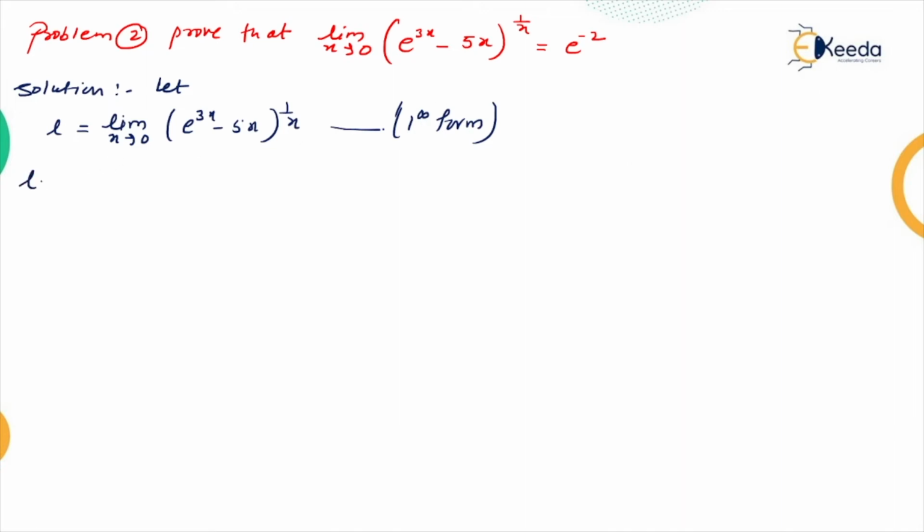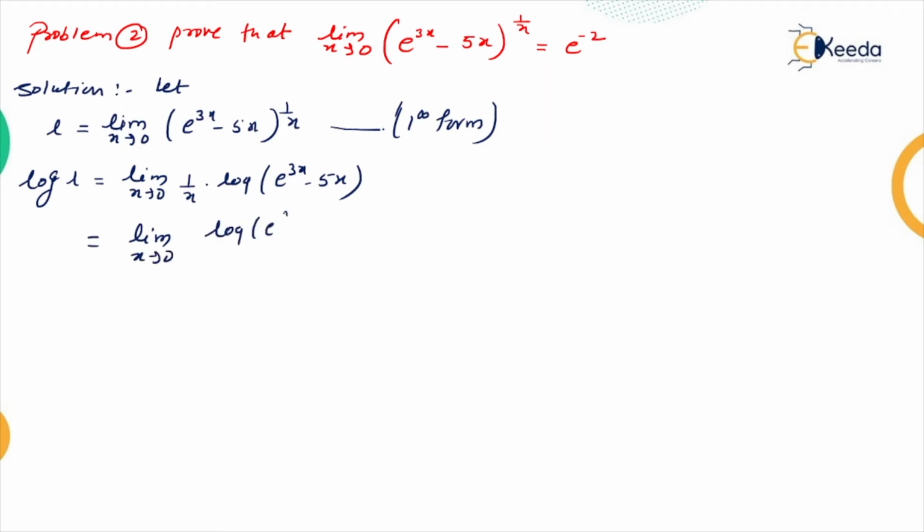Taking log on both sides, log L is equal to the limit as x tends to 0 of 1 by x into log of e to the power 3x minus 5x. So this is the limit as x tends to 0 of log of e to the power 3x minus 5x divided by x.